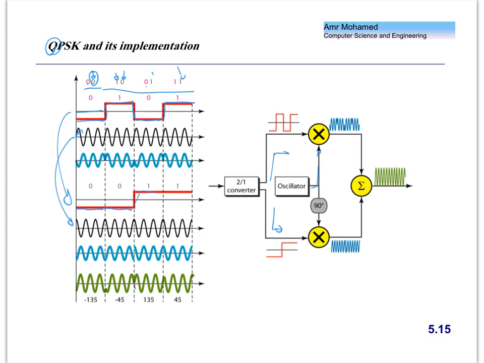So we will have a phase shift of 90 degrees. So this will allow us to generate two binary phase shift keying signals, but the only difference is that one of them is shifted pi/2. And then we take the summation of the two. That's all we need to do.